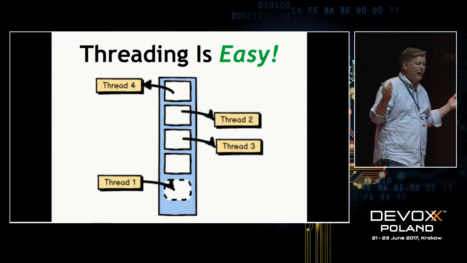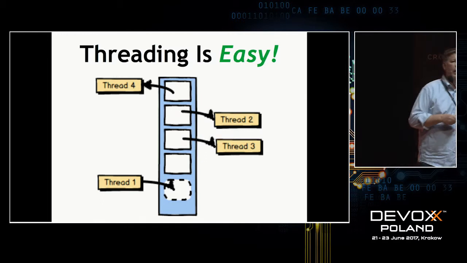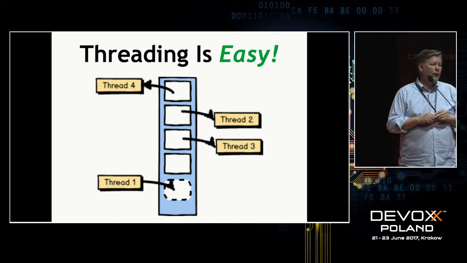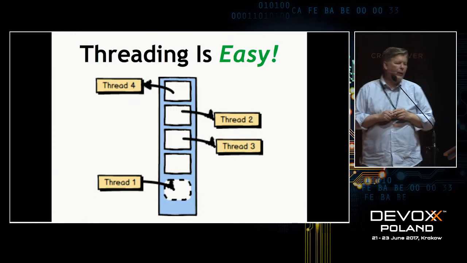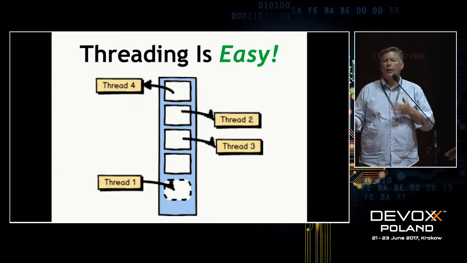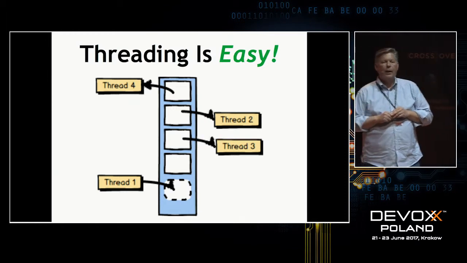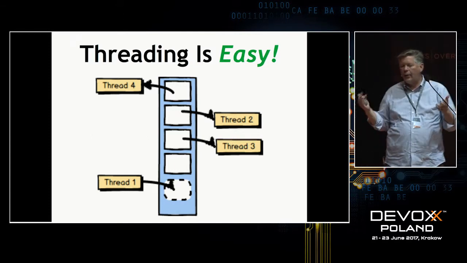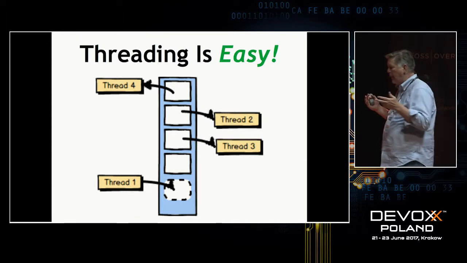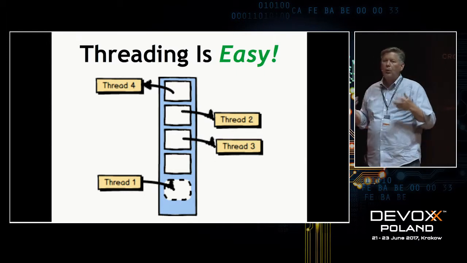So here's our dream, right? We're going to create a work queue, like you see here, and this work queue has one thread that is feeding new work into the work queue. You could refer to this as single writer, but the problem with this is there are actually multiple consumers.